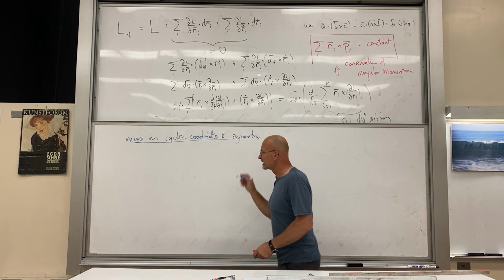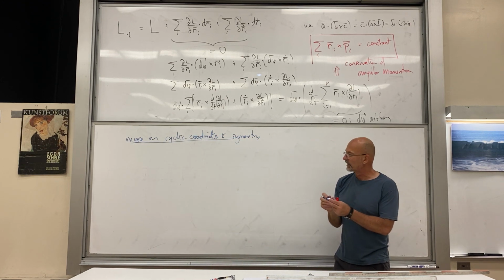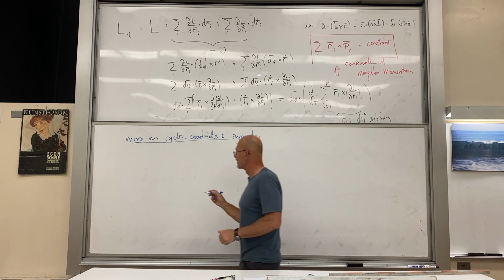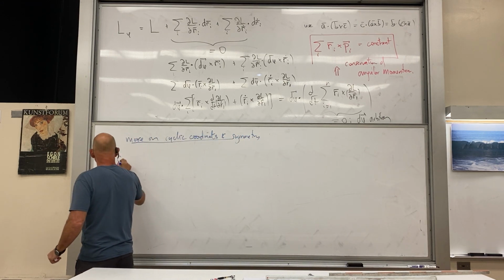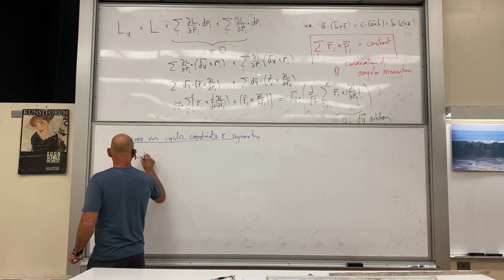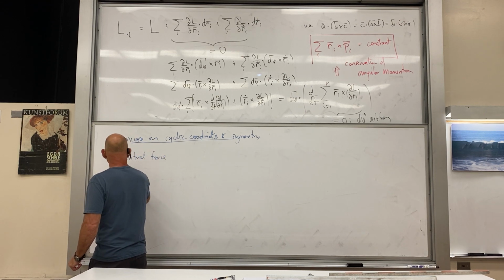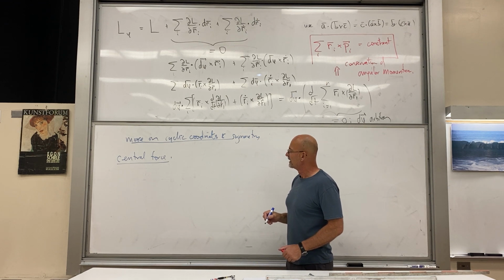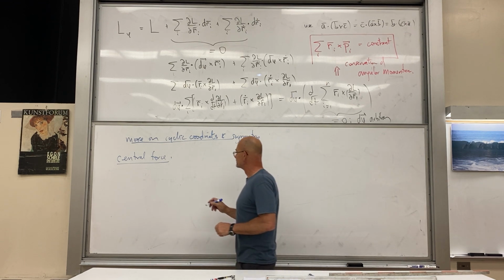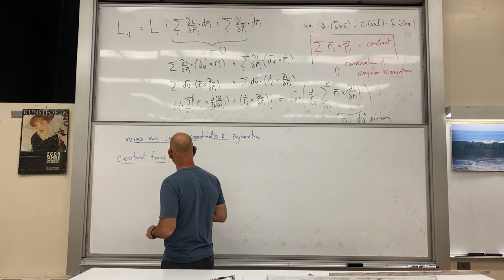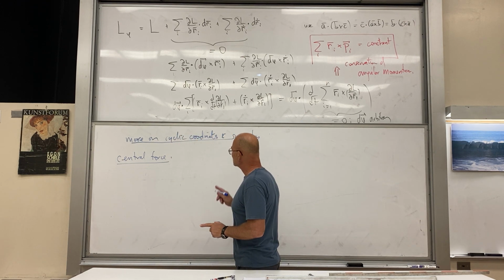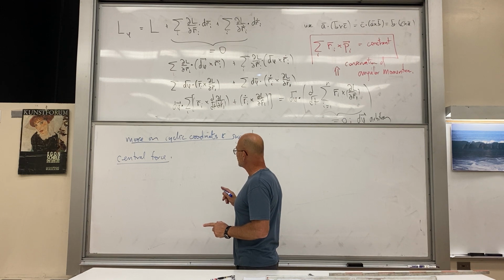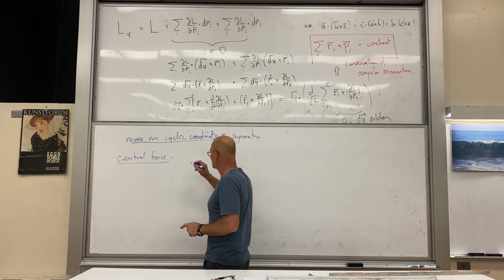Suppose we're looking at our central force problem that we spent so much time on last semester. It had a number of steps till we finally obtained the energy expression. So I want to write down the central force Lagrangian.